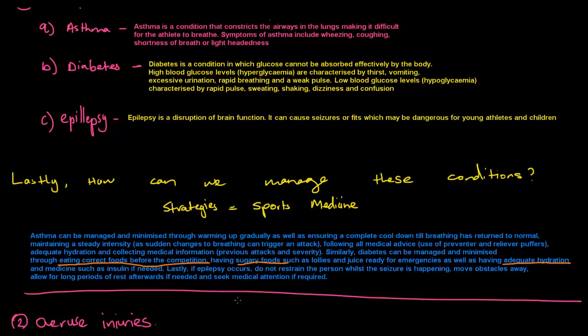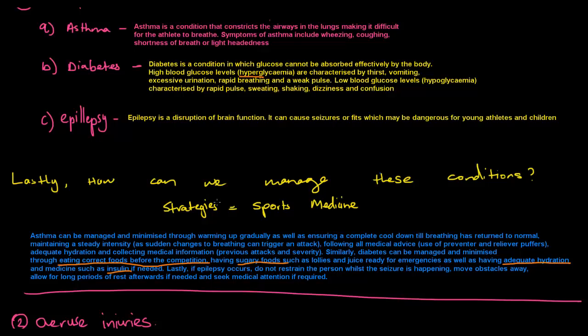You can always fall back on hydration for any of these medical conditions, as well as thermoregulation, when you need to list strategies. And lastly, it does say that you need to have some sort of insulin available, and that's targeting people who have hyperglycemia, which is a high blood glucose level.